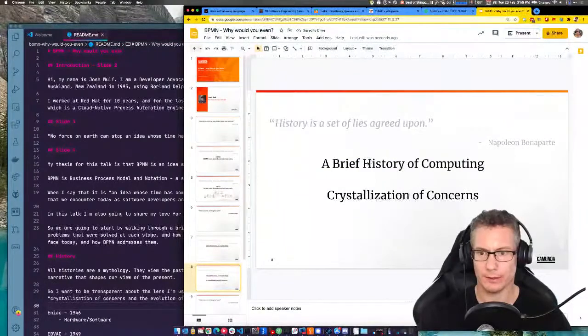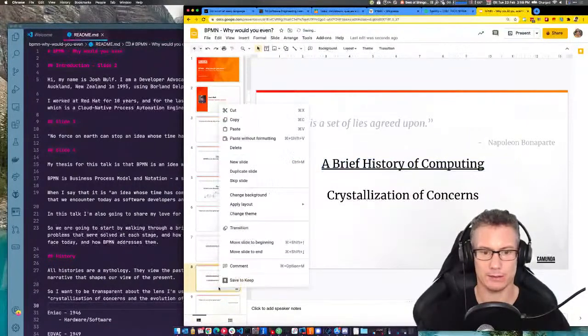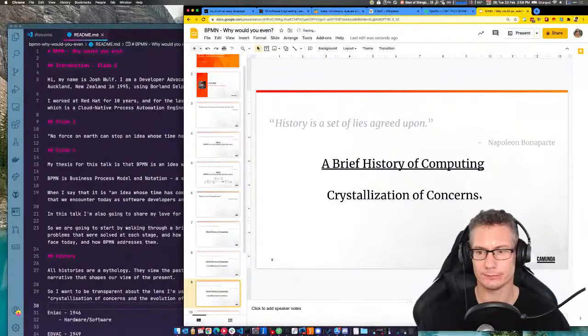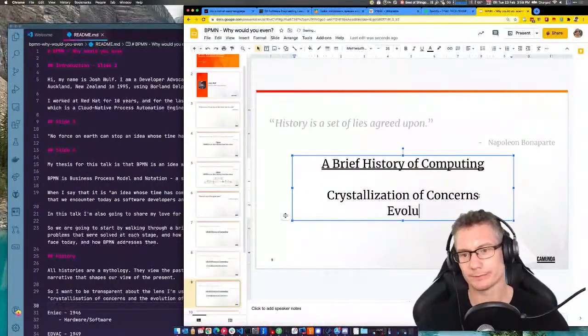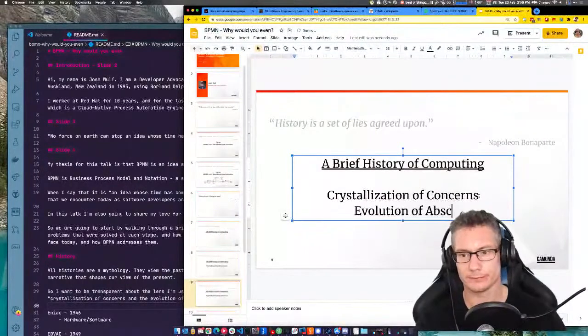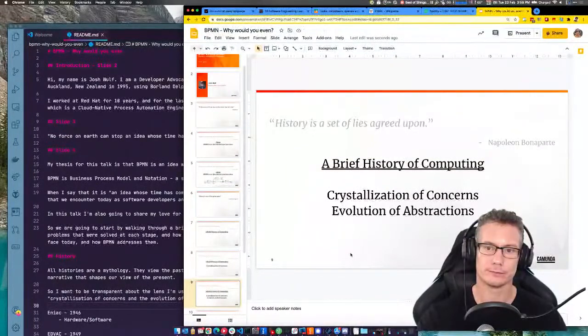Okay, so underline it here. Create a categorical difference. Crystallization of concerns. Duplicate the slide. And the evolution of abstractions. Here we go. Cool. I like it.